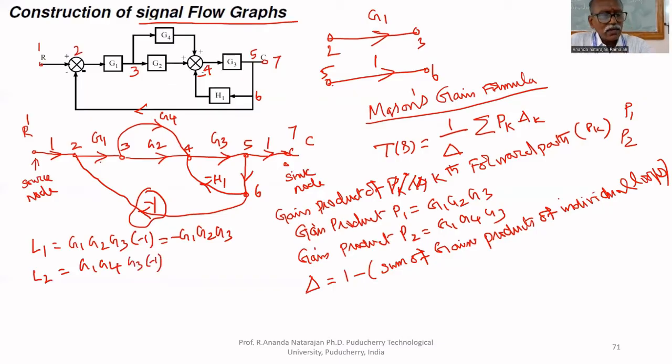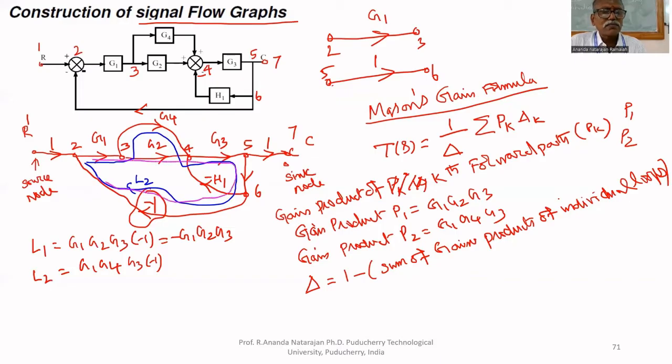I am traveling G1, then G1, G4, G3, then coming here. This is the second loop, L2. The first loop is this way.